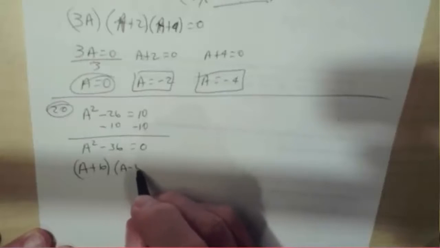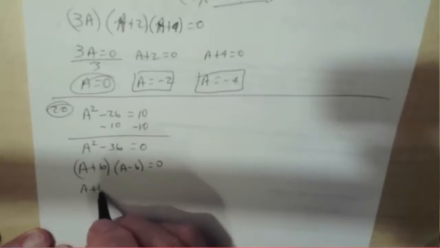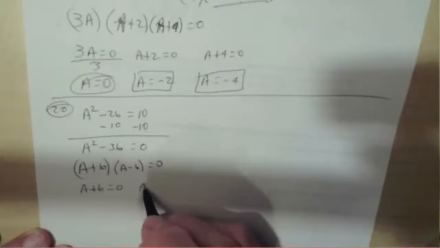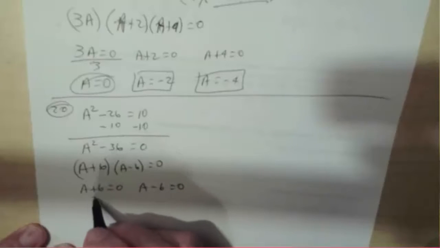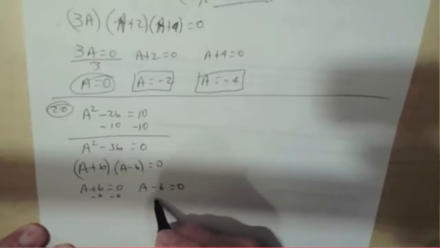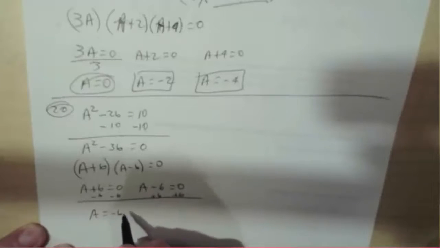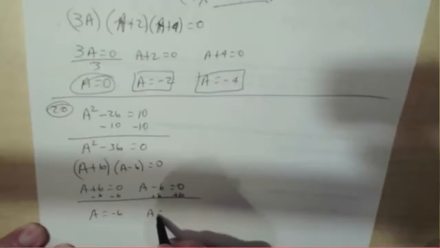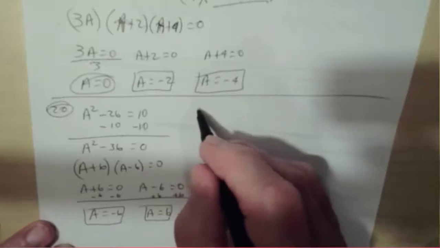So we have a plus 6 equals 0 and a minus 6 equals 0. This one we subtract 6 from each side. This one we add 6 to each side. We get a equals negative 6 and a equals positive 6. And again, you can do that on your handy dandy graphing calculator.